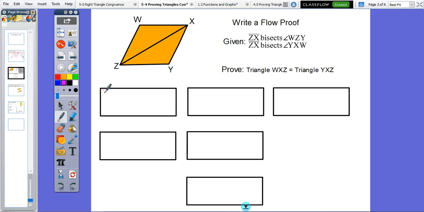We know that our given information is ZX bisects angle WZY, and that same ZX also bisects angle YXW. All that is given information. All right, so let's go from there.